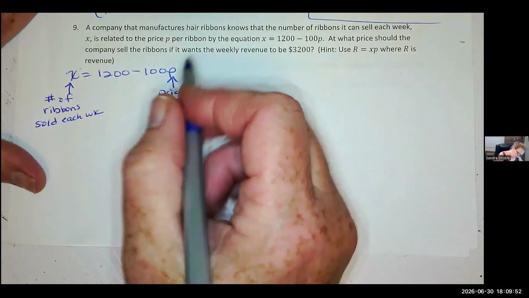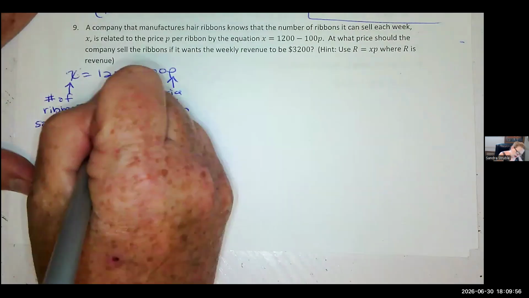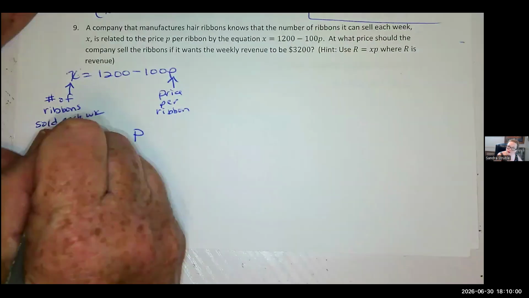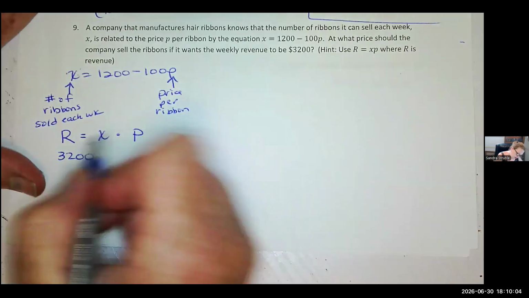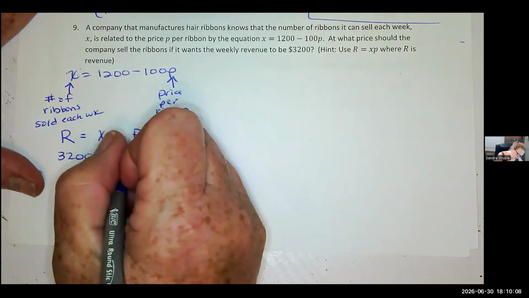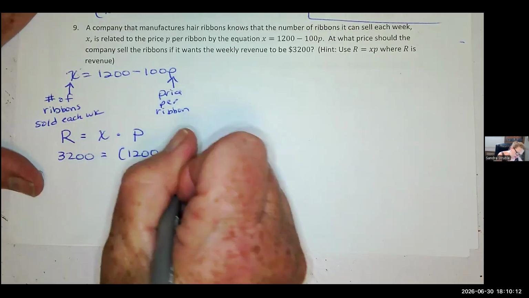Revenue is equal to X times P. They're wanting our revenue to be 3,200, so I'm just substituting: 3,200 is equal to X. In this case, X is 1,200 minus 100P, times P.